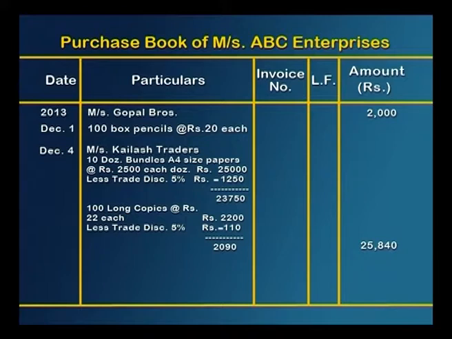Adding these two values, that is 23,750 for stationery, that is A4 size papers, and 2090 for long copies, the total of 25,840 is shown in the amount column.